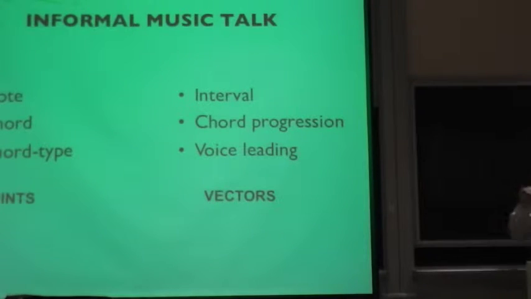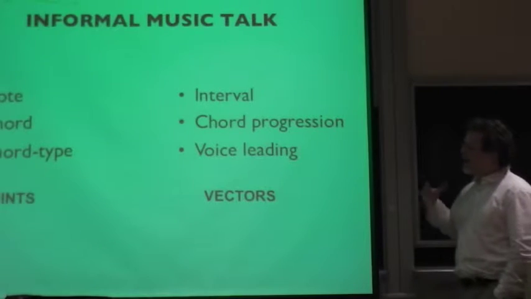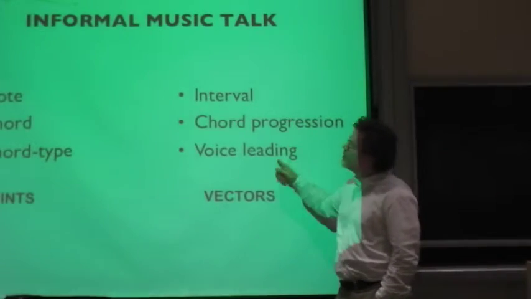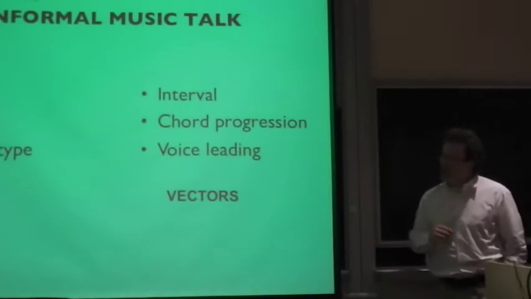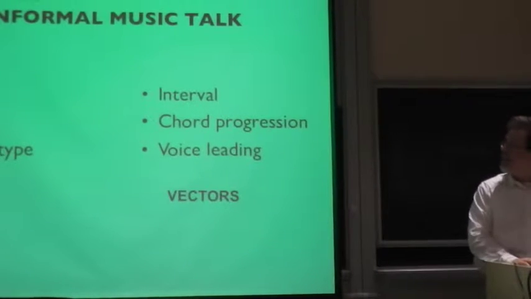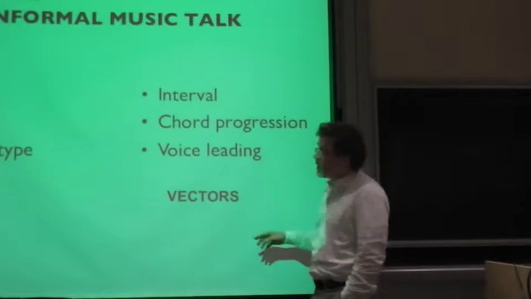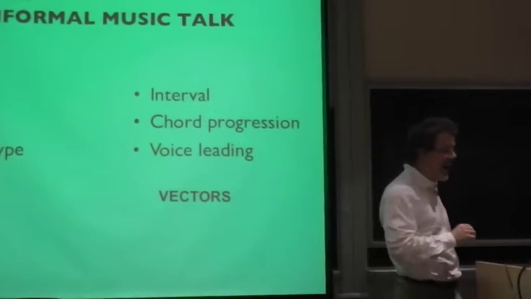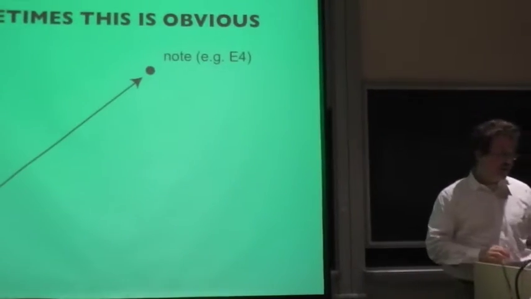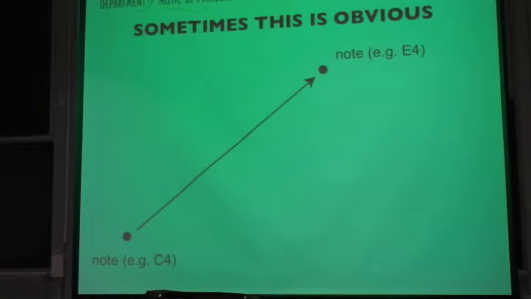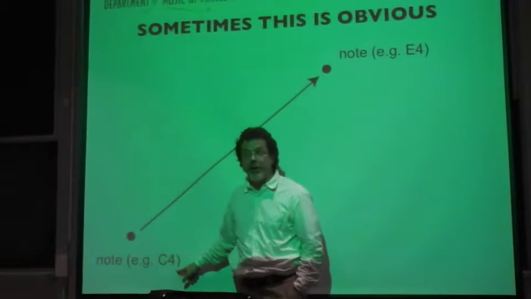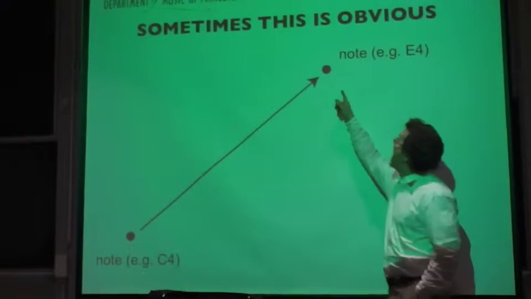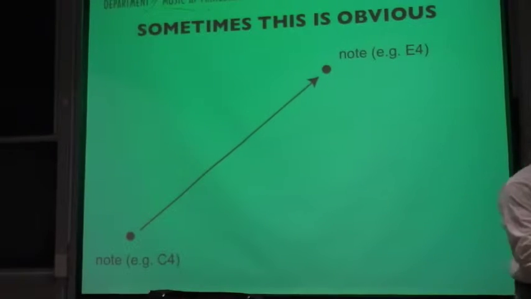So there's a variety of ways that we can think of these, but informally, these terms are not points, but rather transitions from one point to another. And in some situations, it is really easy to figure out how to cash out this metaphor of points and vectors. When we talk about notes, C4, this number gives the octave, so C4 is a name for middle C, and E4 is the name for the E above it.